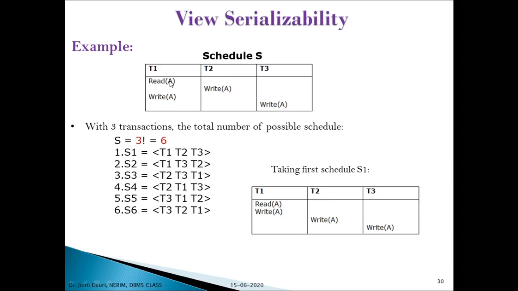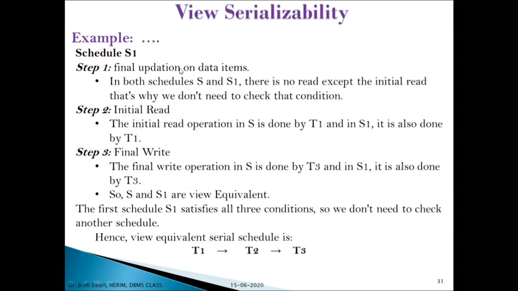Here also A is read by T1, here also read by T1. In the final write of A, see here also the final write is done by T3, here also T3. Right? So here you can see the final update of the data item.